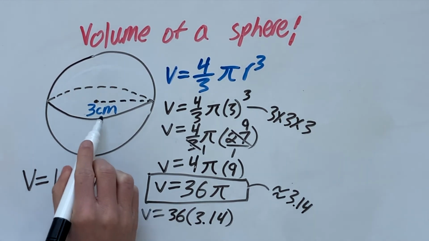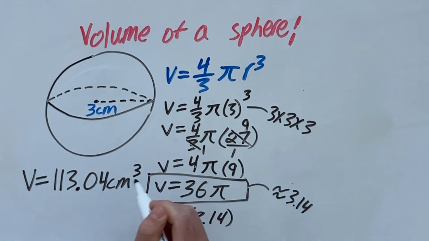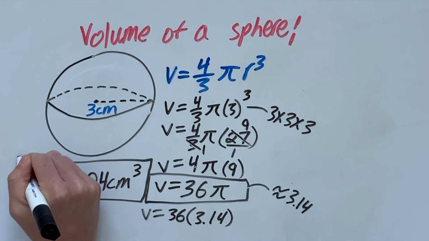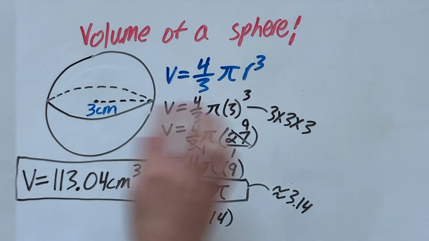We'll tack on our centimeters because that's our unit. And we write cubed because this is volume, so that's a little 3 up there. And that's our answer. And you just learned how to find the volume of a sphere.